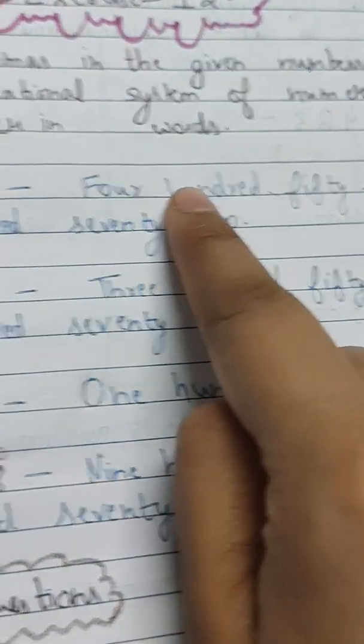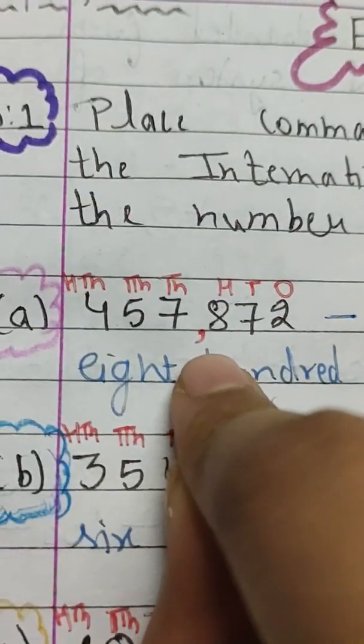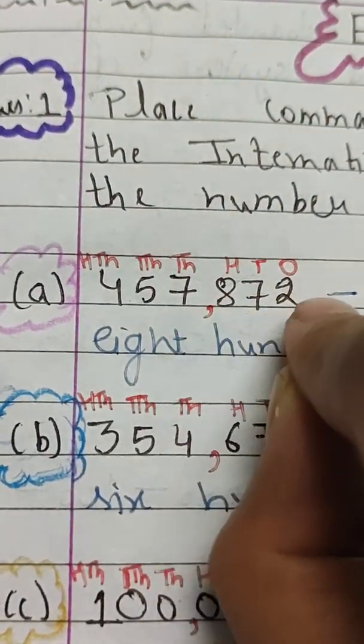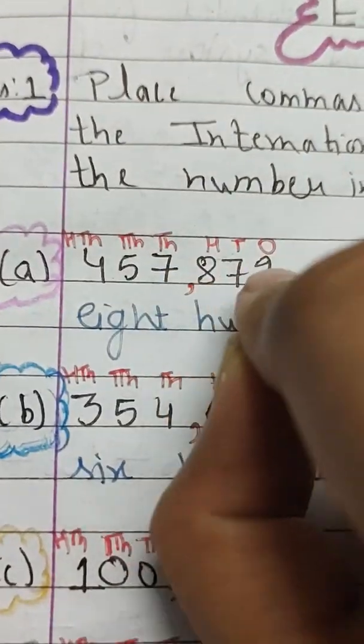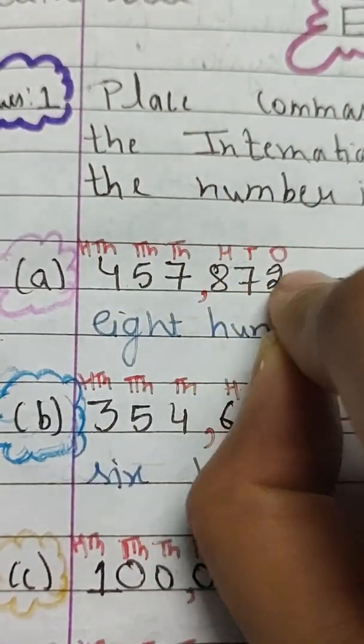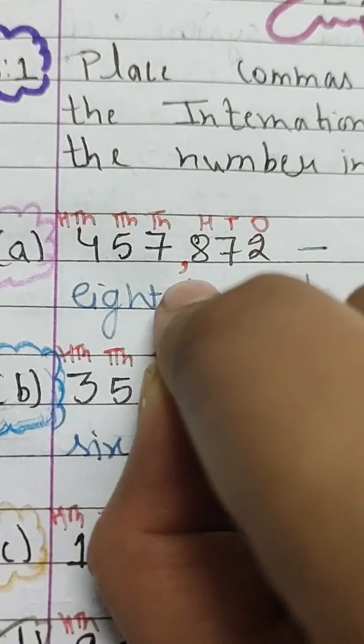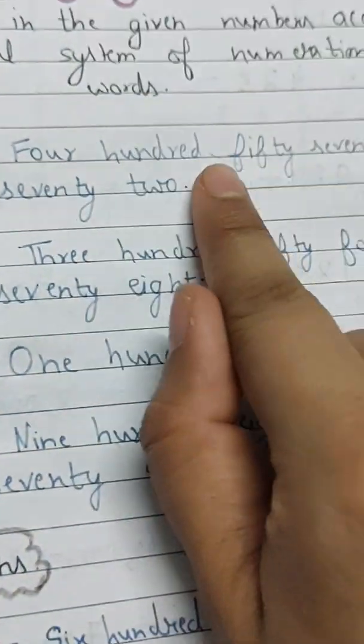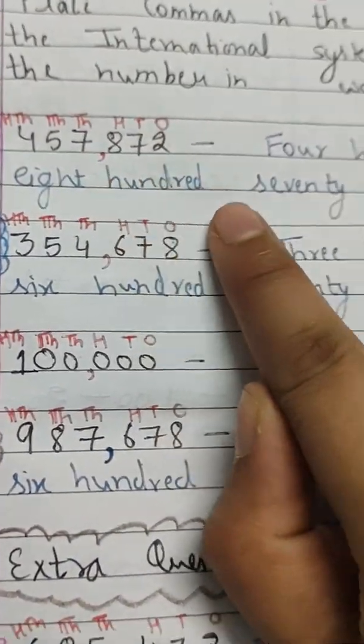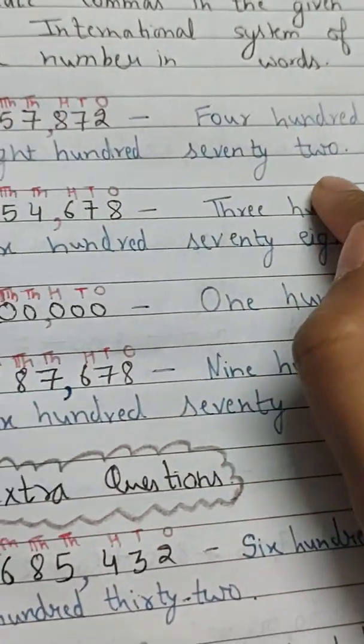That will be the number name, and you have to put a comma after completing the ones period: ones, tens, hundreds, then thousands period, ones, tens, hundreds. This ones period is completing, so that's why we are putting a comma here. So 457 thousand comma 872 will be the first answer.